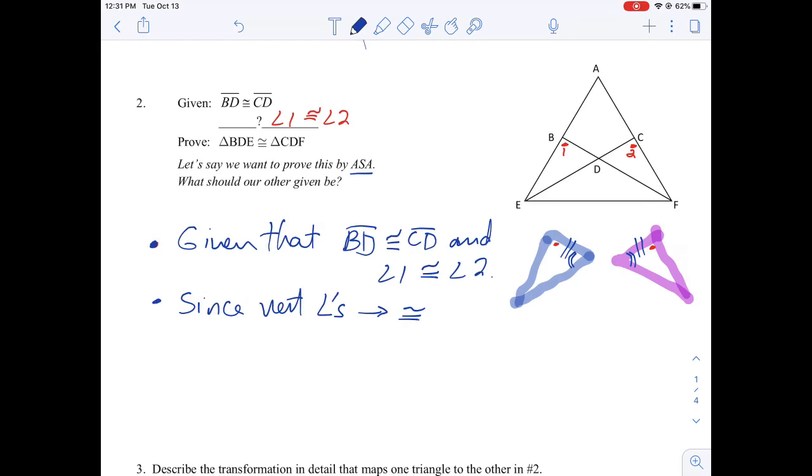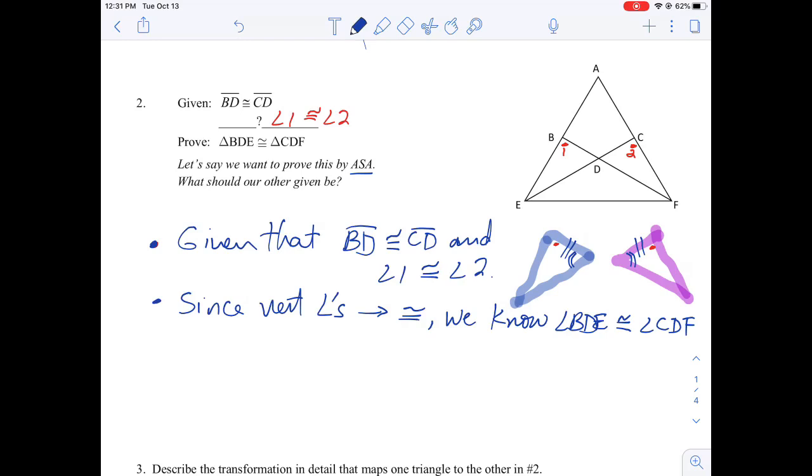But I've given the justification. Since vertical angles are congruent, we know angle BDE is congruent to angle CDF. And you could number those two if you wanted to, as long as it's clear which angle you're referring to.